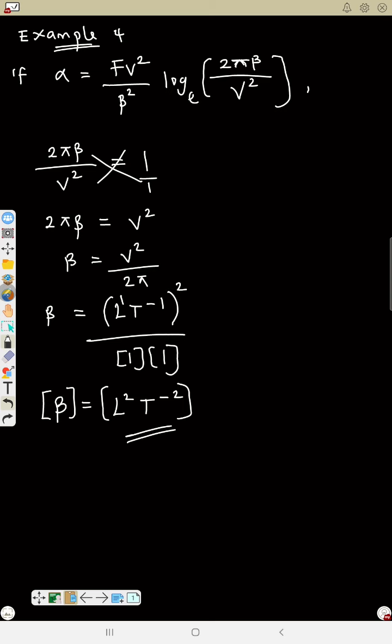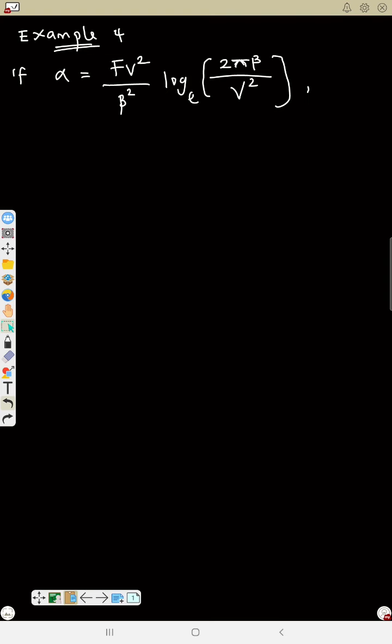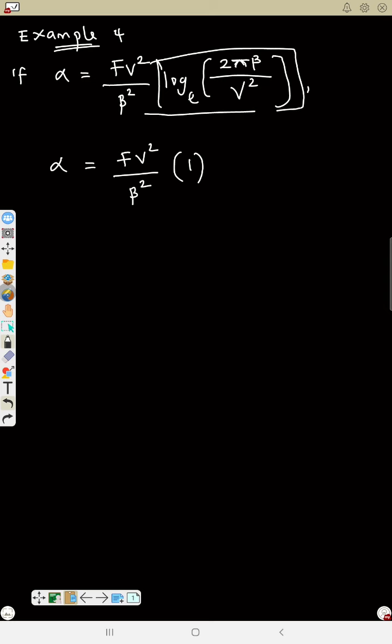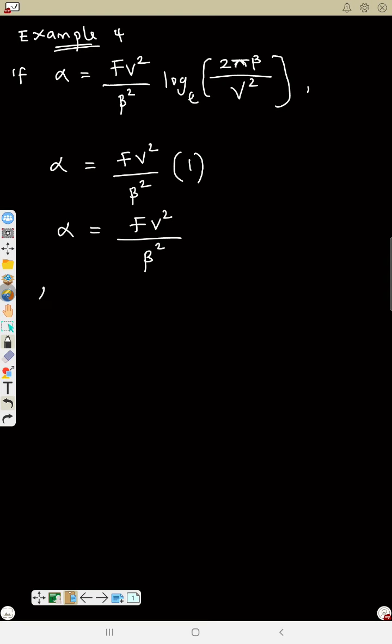Now what of alpha? I'll use the other technique, that the whole expression is also dimensionless. That means alpha is equal to fv squared divided by beta squared, and everything will be 1 because the whole expression is dimensionless also. What is f in the question?